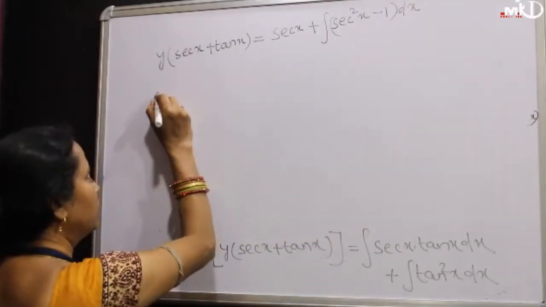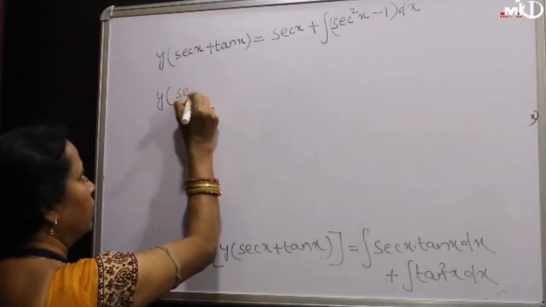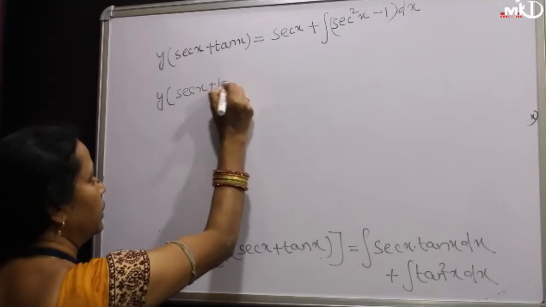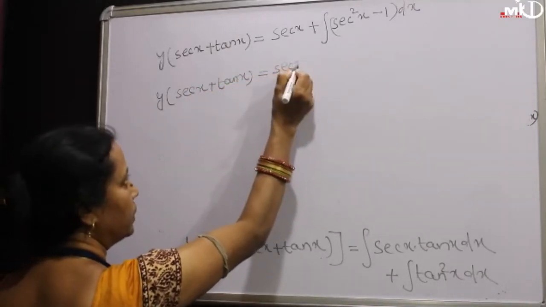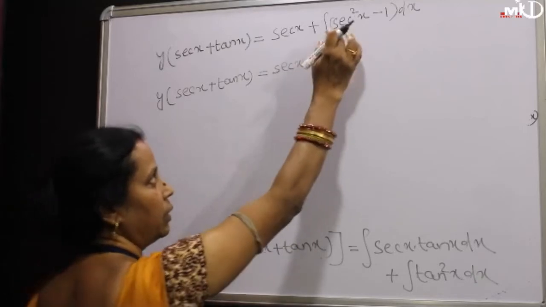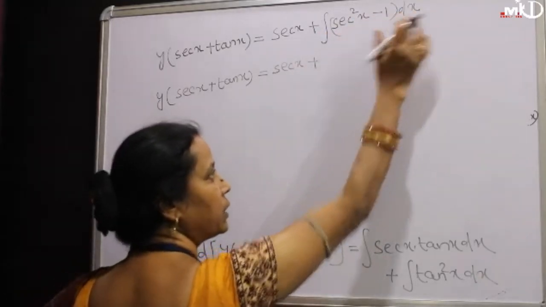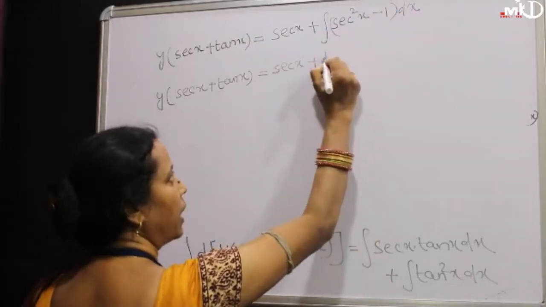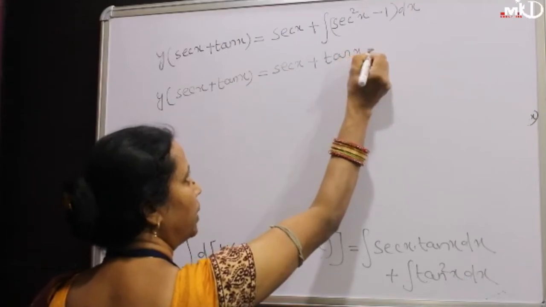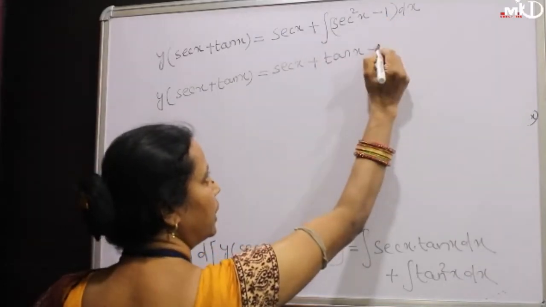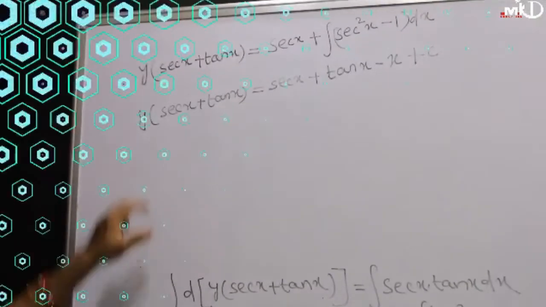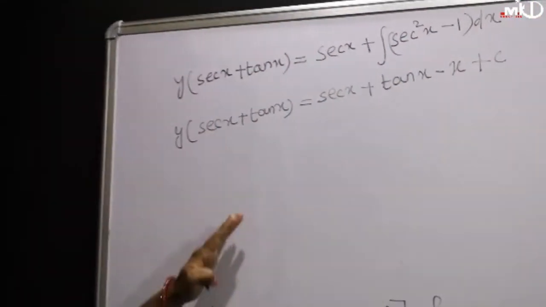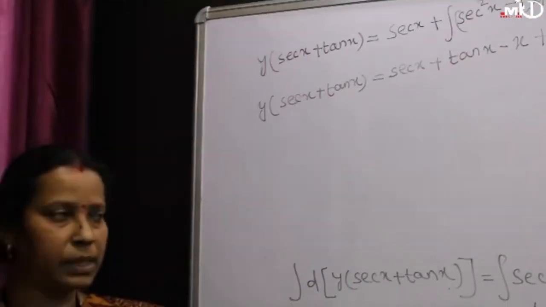So y into sec x plus tan x is equal to sec x plus, now the integration of sec square x dx is equal to tan x minus the integration of dx, that is equal to x plus our constant of integration, that is c. So it is all about our linear differential equation.